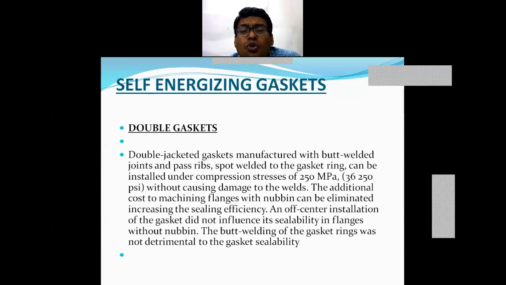This also works on the principle of pressure. As the inside pressure increases, this gasket gets expanded and seals, occupying the available space. So that is also the self-energizing gasket. Because of the internal pressure, it gets expanded and can occupy the surface irregularities and prevent the leakage.